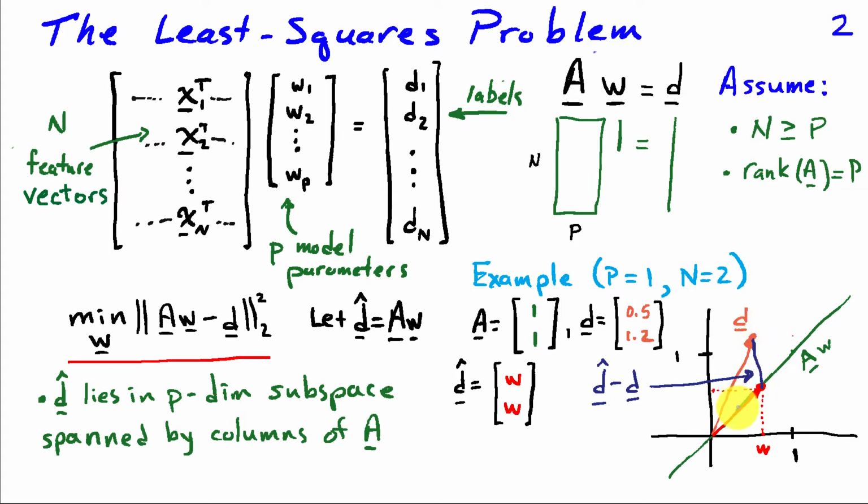As I go in this direction, of course, the distance increases. If I go out here, the distance also increases. And clearly the closest point is right about in here, where the difference between D hat and D is orthogonal to the line associated with the span of A. So we see that our solution has to satisfy D hat minus D is orthogonal to A.